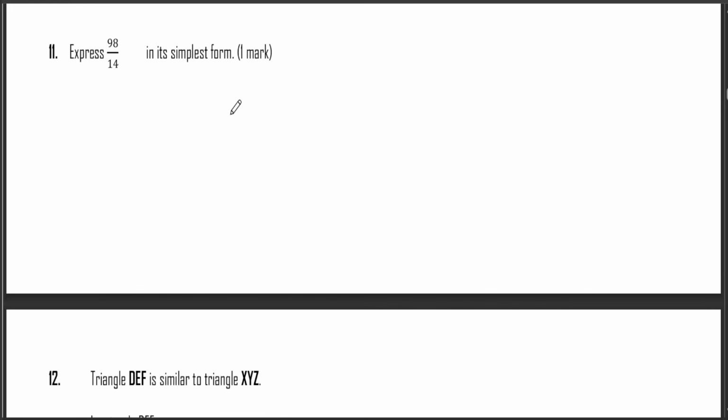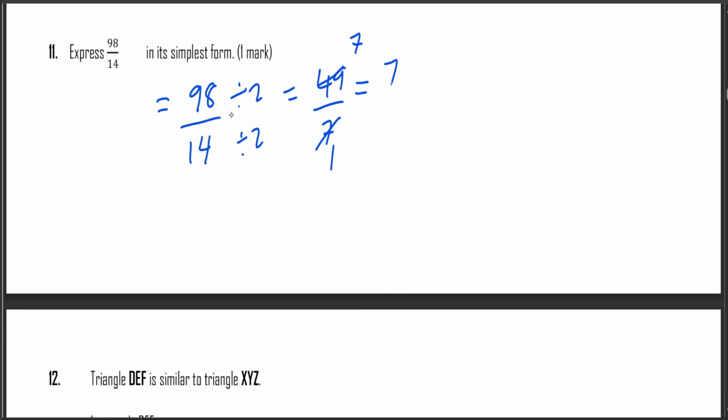Now, if you get something like this, where I don't know why the questions are very easy nowadays, express 98 over 14 in its simplest form. Now, obviously, let's start to divide by 2. 98 divided by 2 is 49, over 7, and then still divide by 7, obviously, because 7 goes into 49 7 times, so your answer is 7.